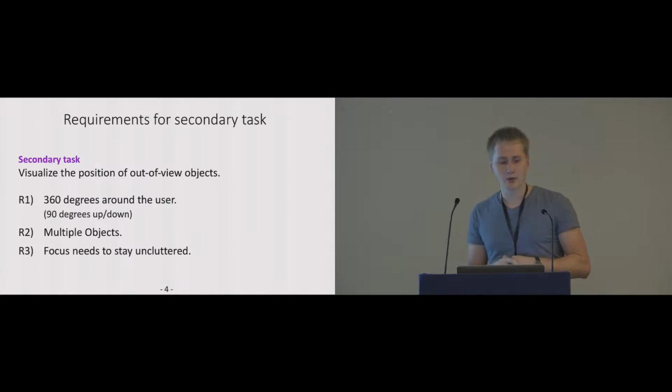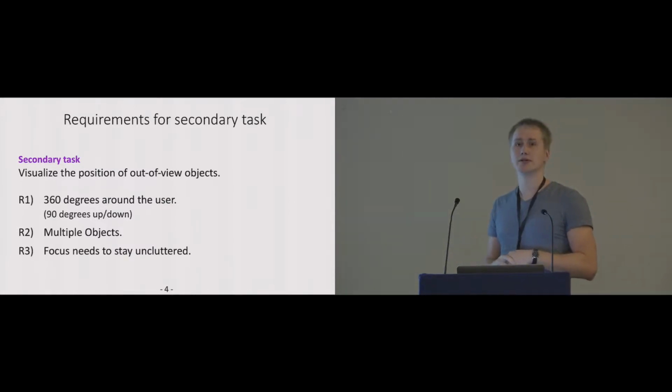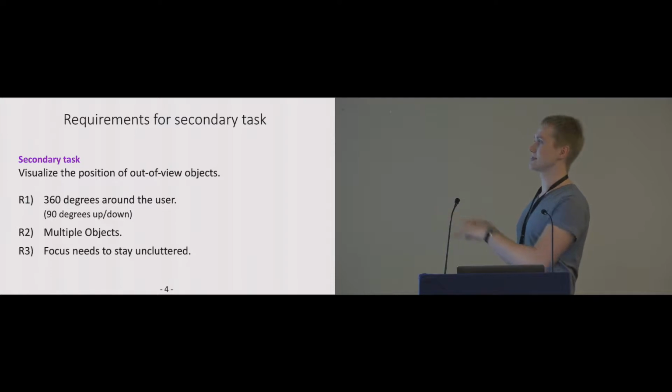So coming from that, we can set up some requirements for the secondary task here. What we want to do is visualize the position of these out-of-view objects. And we want to do this in 360 degrees around the user, which is maybe sufficient for a car scenario, but we also need it for 3-dimensional things. On the ship bridge, the tugboats are on the water level, so you have to look downwards to get to them.